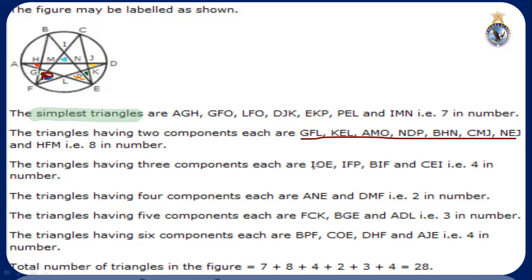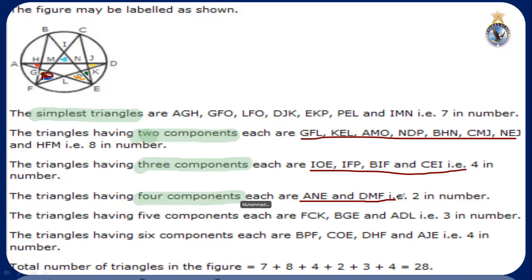And all these triangles consist of three components, and then these are four components, which are four triangles. Then five components consist of five triangles.